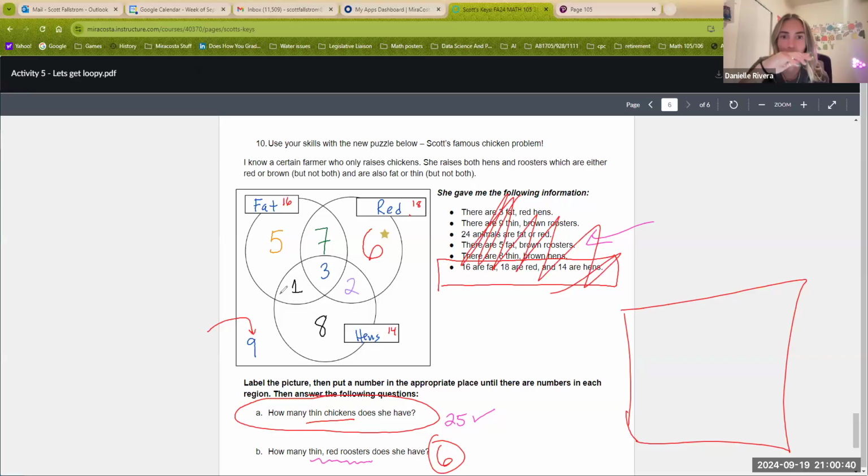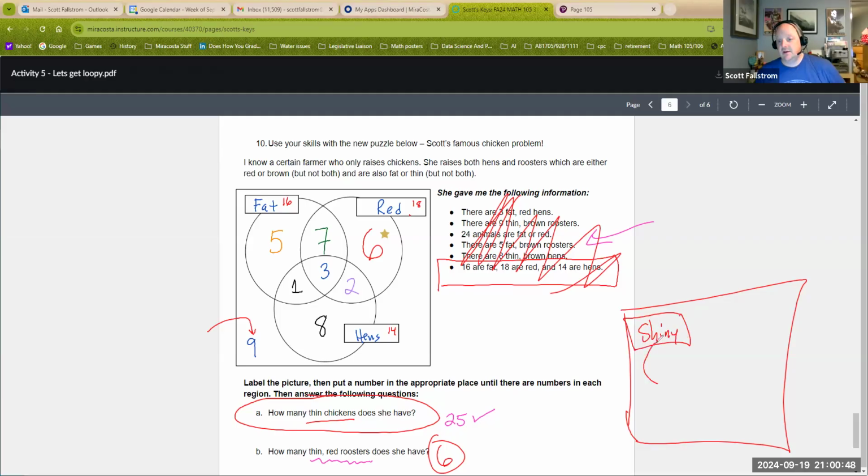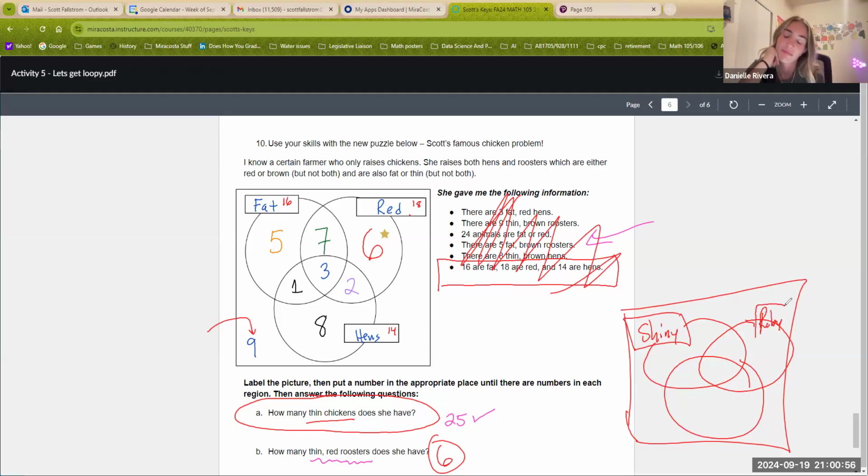Done. That's it. And that's why when you go back and you look at it again, if you had a label for shiny, I'm not saying you did, but if you had put shiny down, and over here was what, rubies? Yeah. And then large or small? I don't even remember what the other clue was. There was some other clue.